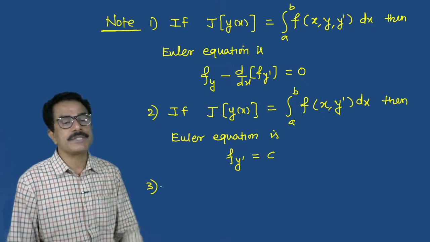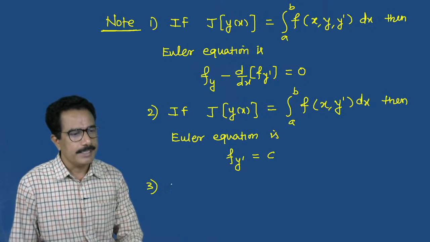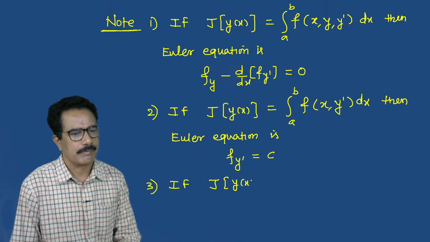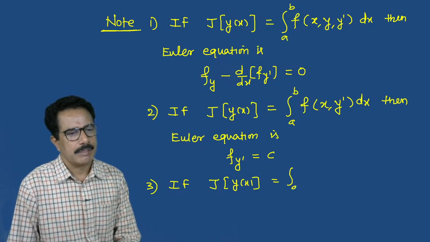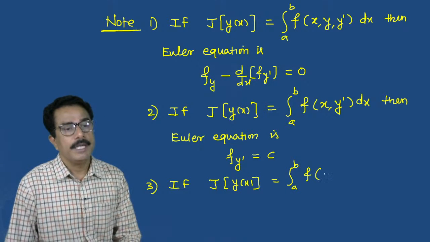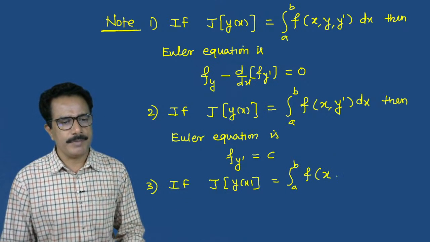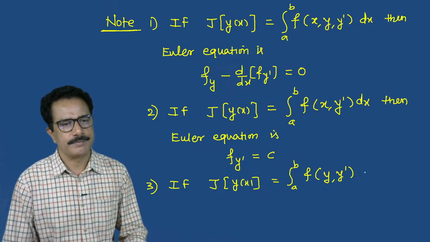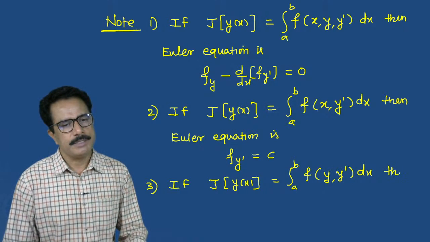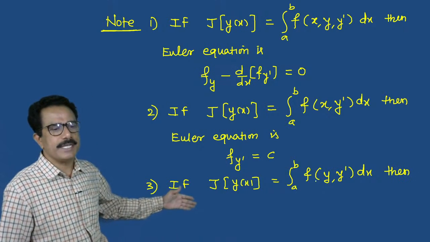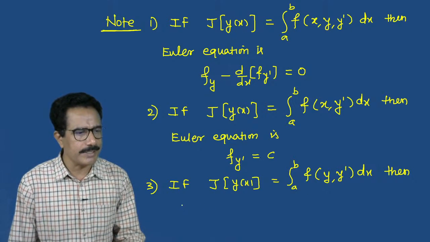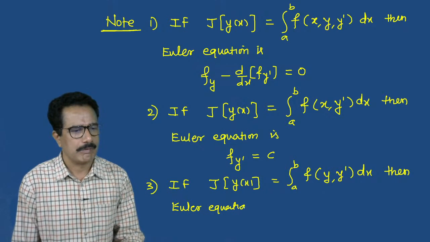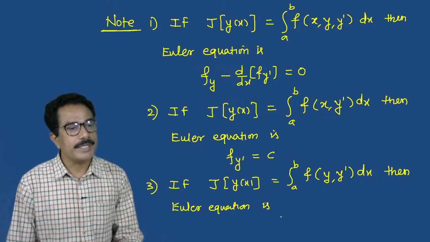And third means Euler special case second, if a function is independent of x means y comma y dash dx, then now we have proved this, आता आपण प्रूव्ह केलेलं आहे. Then Euler equation is, what is that Euler equation?